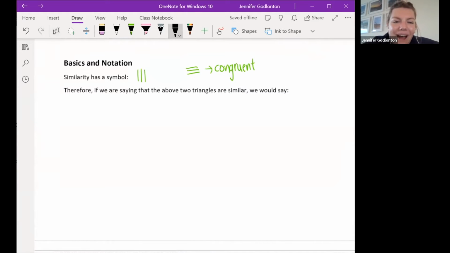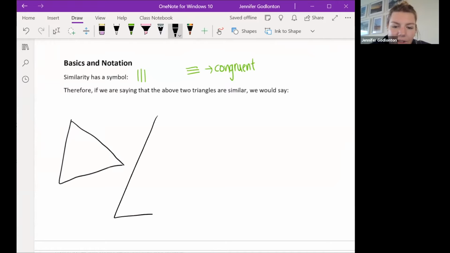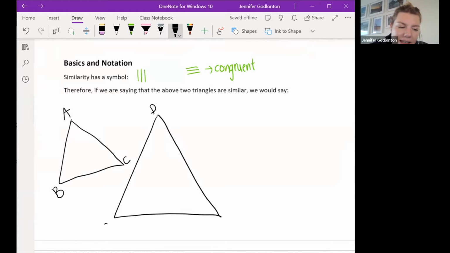Okay, so if I had 2 triangles, here's one triangle, here's another triangle. Let's call this ABC and DEF. And that was XYZ, and this was XYZ.